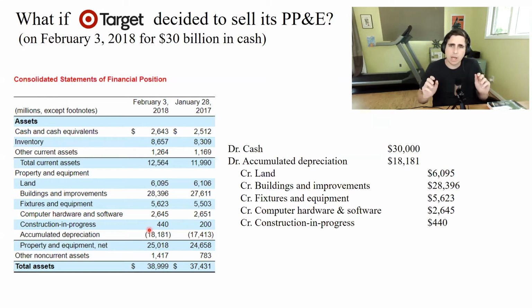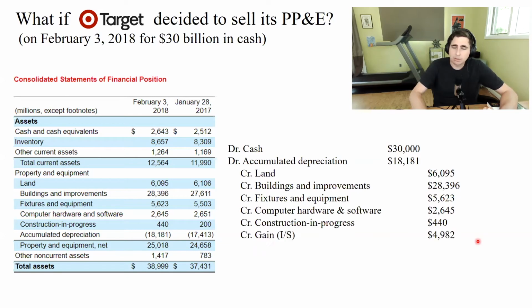Okay, so here we are. We've received our cash and recorded it in our journal entry. We've given up all of our PP&E, and so we've recorded that in our journal entry. But our journal entry doesn't yet balance. If you were to sum up the debits and sum up the credits, you would see that you need another credit of approximately $5 billion to balance this journal entry. And so that is a plug in this journal entry.